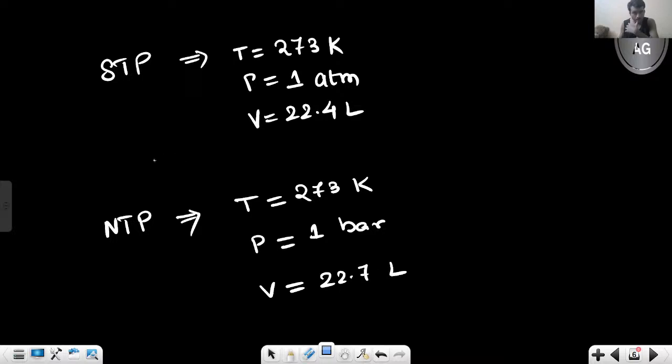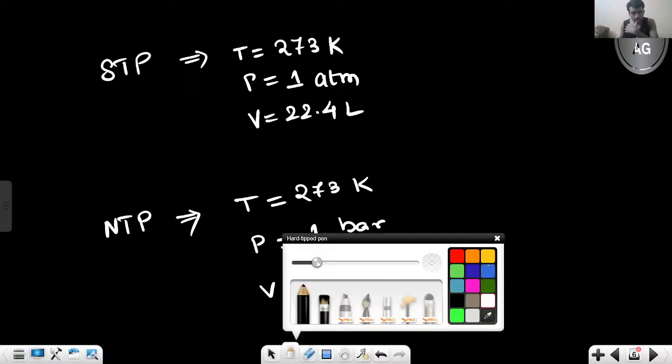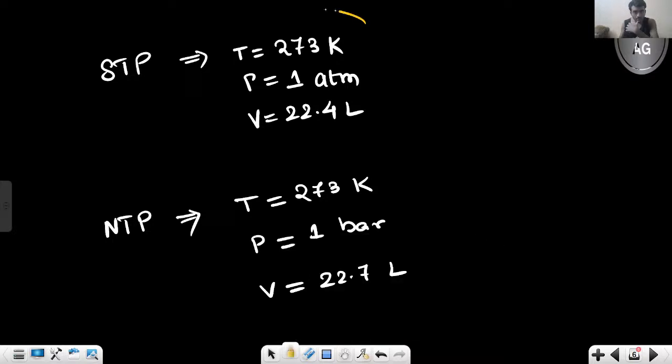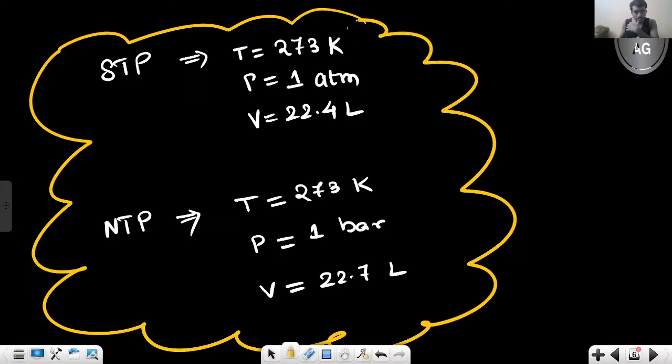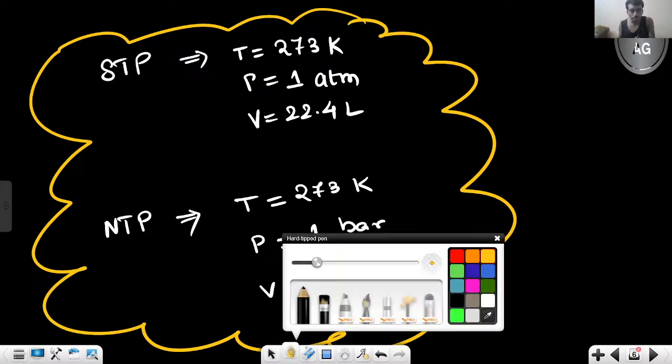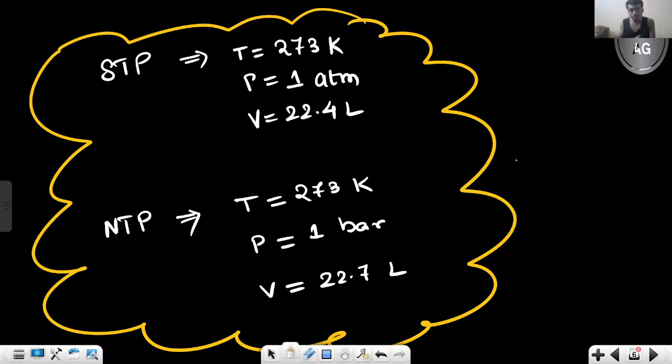Very important. If pressure is given in bar and you consider the volume to be 22.4 liter, your answer will be approximately correct, but logically it will be wrong because it is 22.7. Clear?